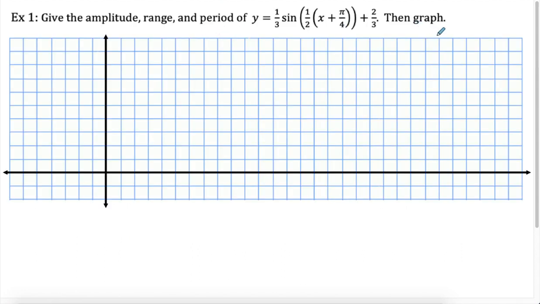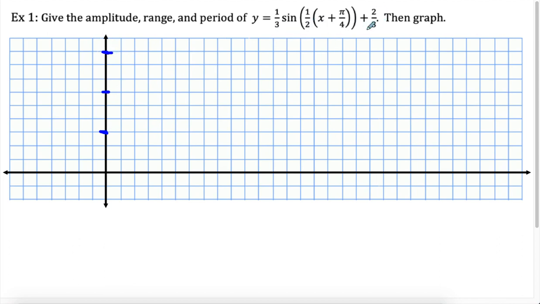There's a lot going on here. First it says sketch the midline at y equals d. To get an appropriate scale, we need to think about my d value and my a value. So from 2/3, I'm going to be going up 1/3 and down 1/3. So let's say that every 3 spaces is 1/3.